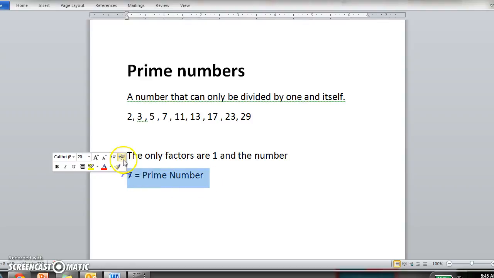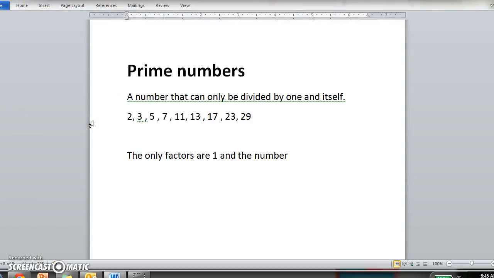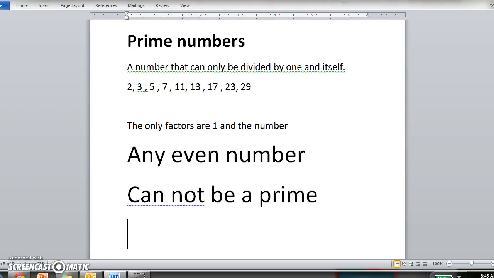Funny thing is, and I'm going to put this in bold, any even number cannot be a prime except 2. Why is that?